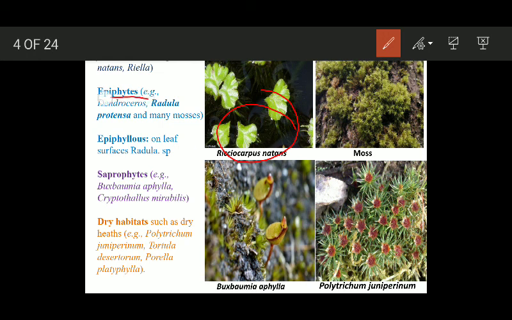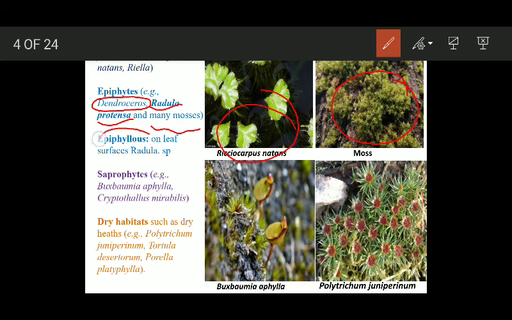Some bryophytes like Dendroceros, Radula protensa, and Monoclea love to grow on the stems of other plants. All those bryophytes which grow on the stems and other parts of other plants are named as epiphytes.